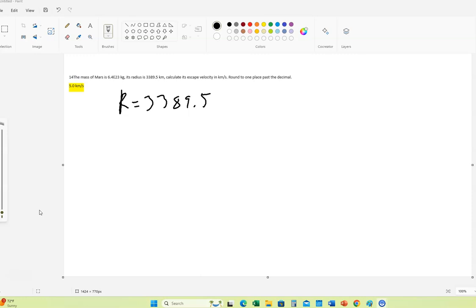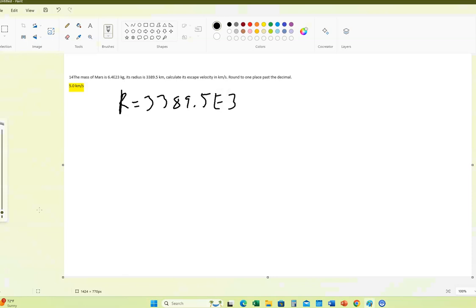It's in kilometers right now, so if you see the K, you can simply replace it by times 10 to the third. Right? And now it's in meters. And the same thing with, for example, if we were to change kilometers to centimeters, you just replace it by times 10 to the 5th.